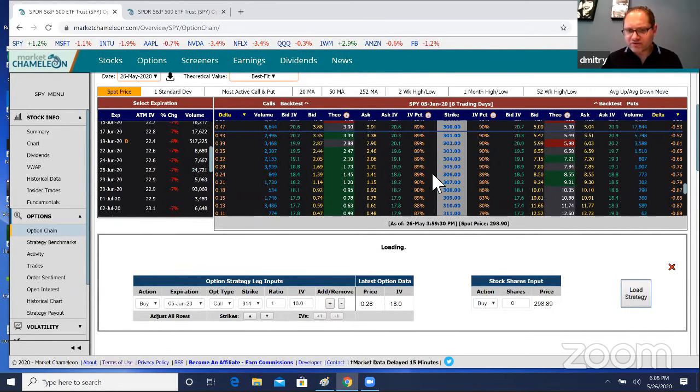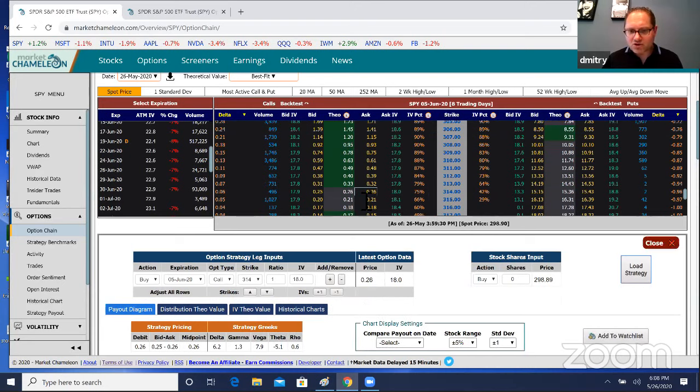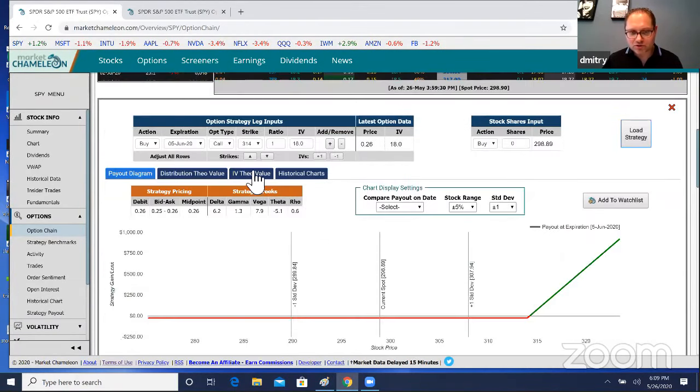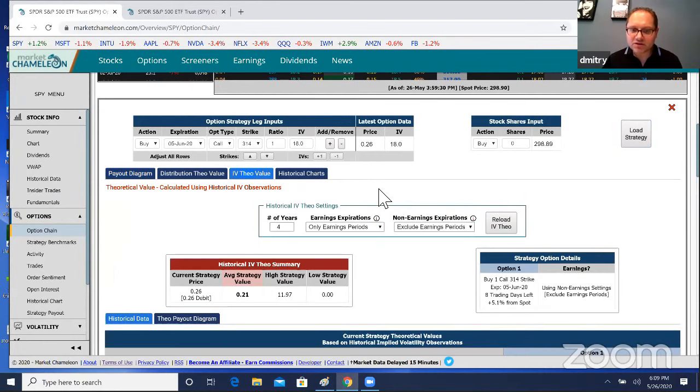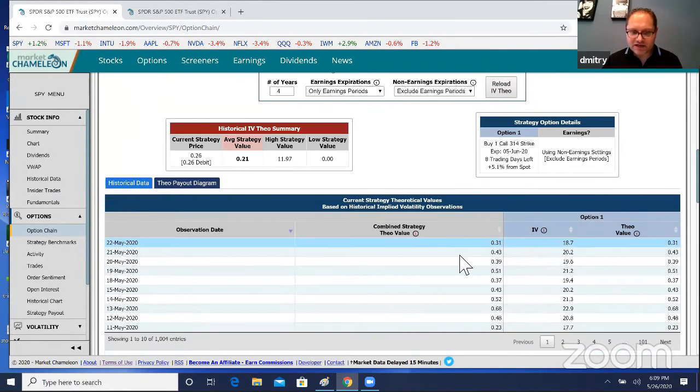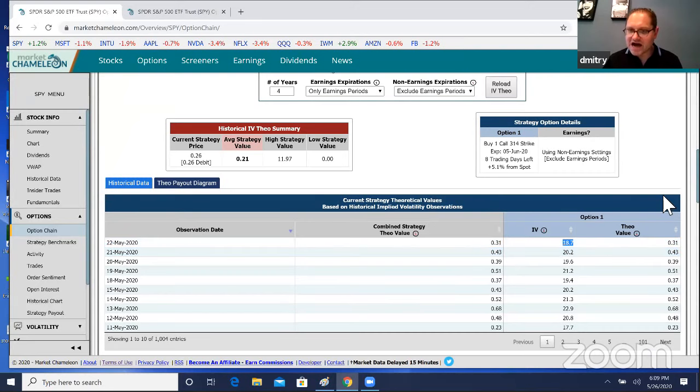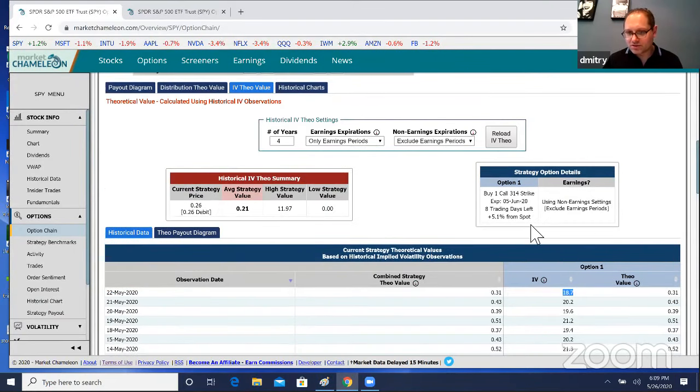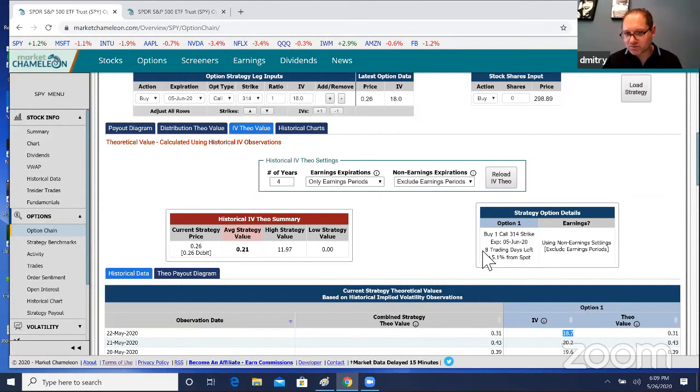So really the first thing I want to know is, well, using historical implied volatilities, what's the average price of this option usually? So this is what we're going to do. We're going to go here on the IV Theo, and here it goes back every day. So you see every day it logs an option with 8 trading days to expiration with 5.1% out of the money, right?